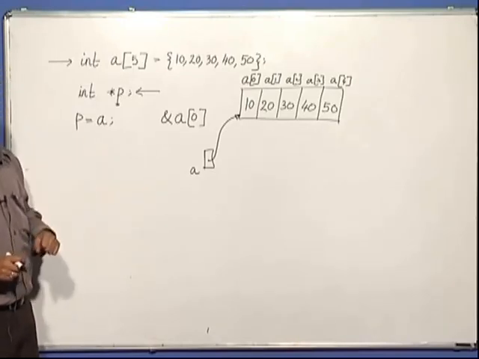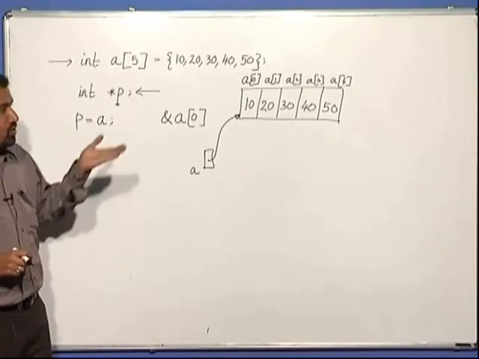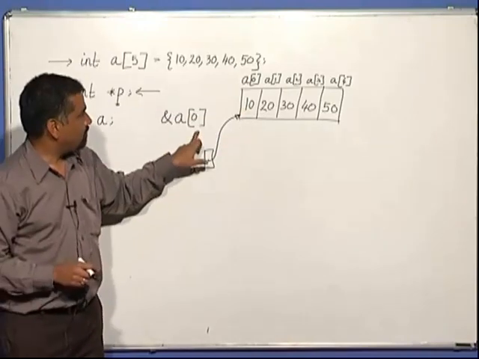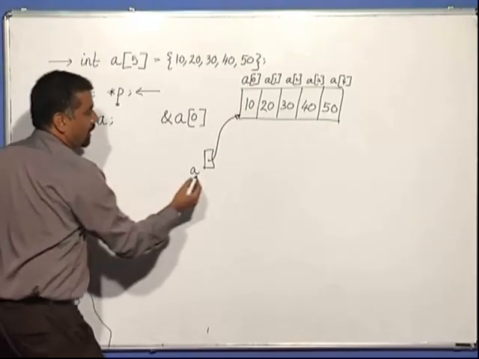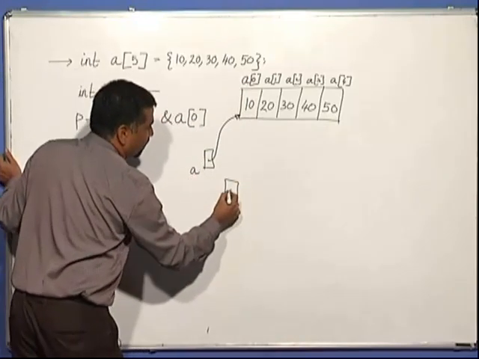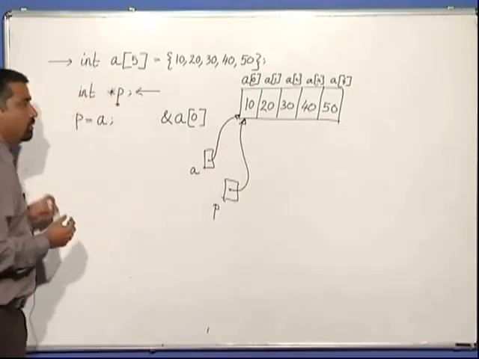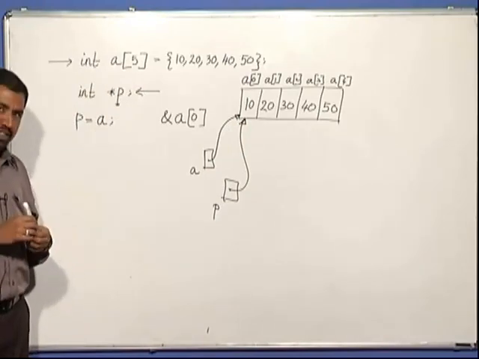A is exactly that. By definition, the name of an array A happens to be a pointer to an integer value. A of 0 is an integer value. So, when you assign like that, you are declaring one more variable P that also is pointing to the first element. Now, both are pointing to the first element of the array.